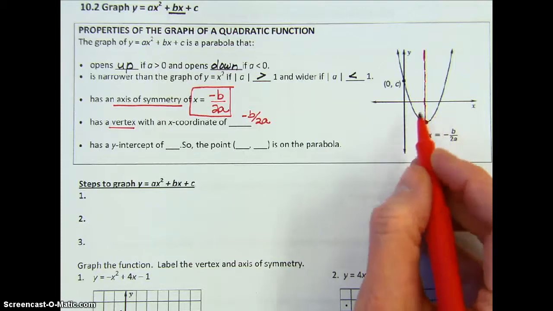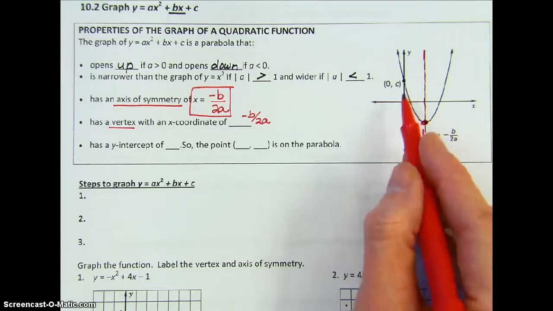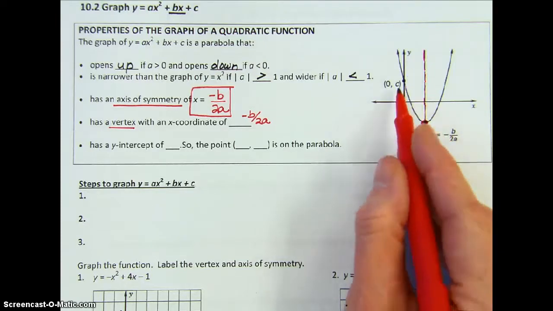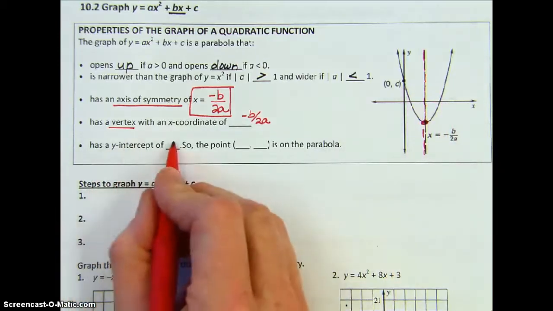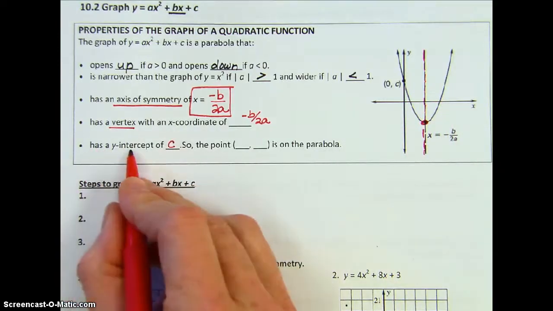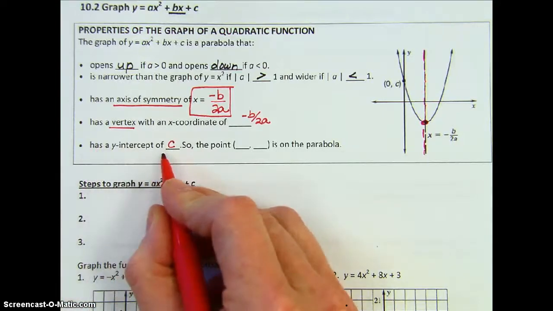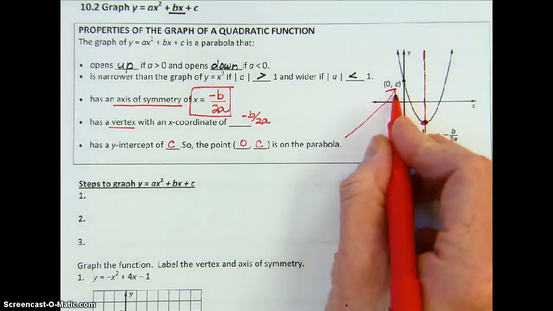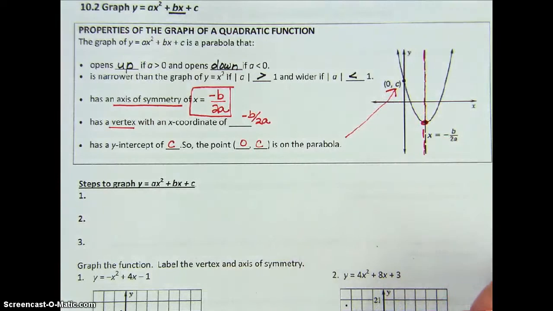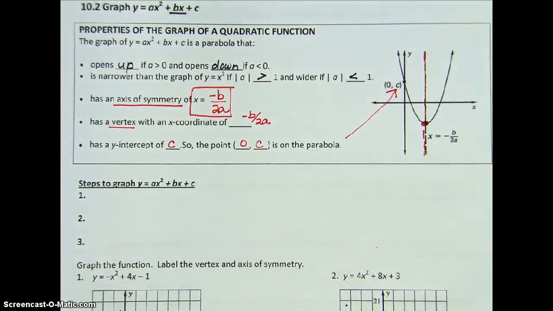Another interesting note is that yesterday c moved the graph up and down, but when you throw the b in there, c is actually the y-intercept. So it has a y-intercept of c, so the point (0, c) is on the parabola, and it is right there. Today it's not going to be as easy as yesterday because we have to factor in that b.